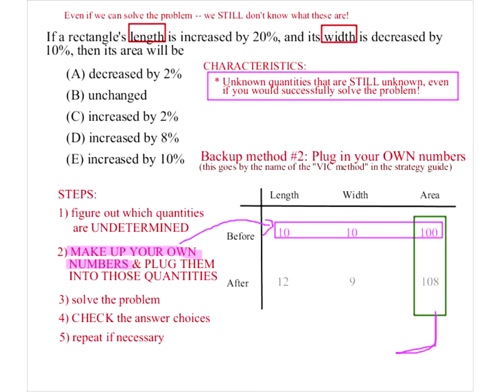This is a change of 8%. This is an 8% increase. So the only choice that works is D. There it is.